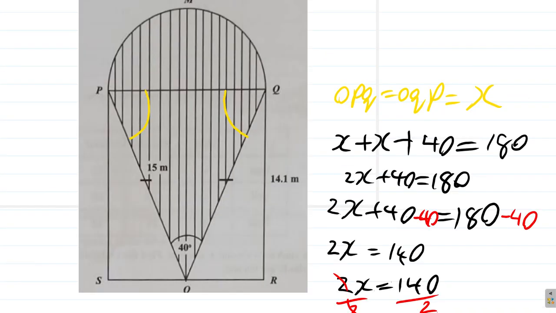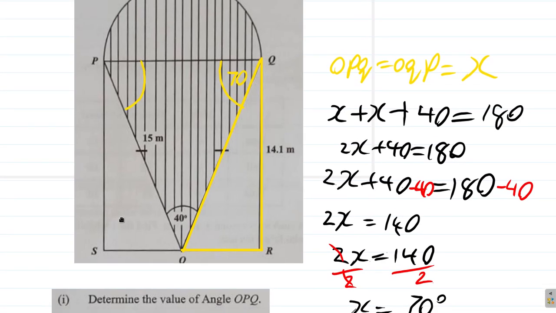So let's see what is going on here. Now we already found out that this angle is 70. You see OR, it's in this triangle here, right? It's in triangle ORQ.